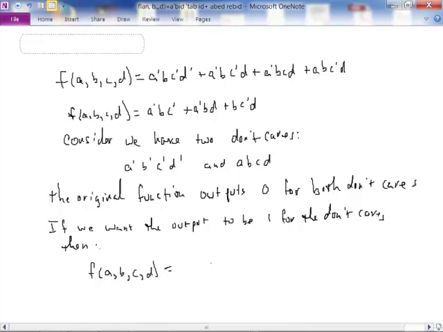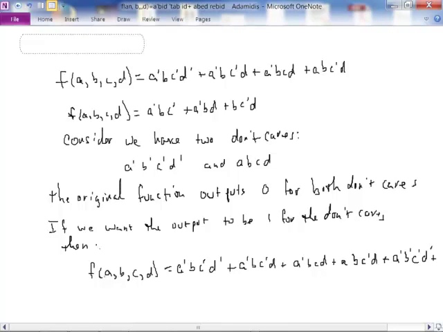F of A, B, C, D equals A naught B, C naught D naught, or A naught B, C naught D, or A naught B, C, D, or A, B, C naught D, or A naught B naught, C naught D naught, or A, B, C, D.